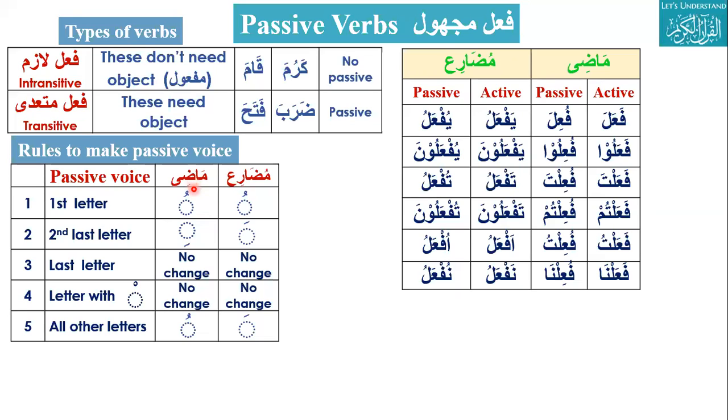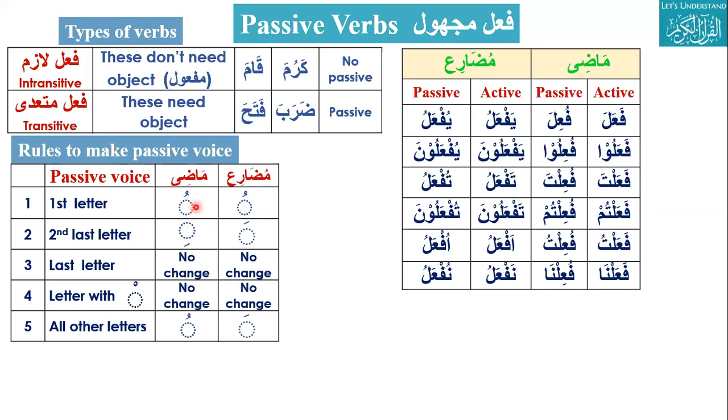The first letter gets dhamma. So fa becomes fu in passive voice. No? First letter gets dhamma and the second last letter gets kasra or zair. Like ayn is the second last letter here, so it gets kasra. It becomes fu'ila, fu'i. And the last letter is fatha, so the last letter doesn't change when we make passive voice in mazi.